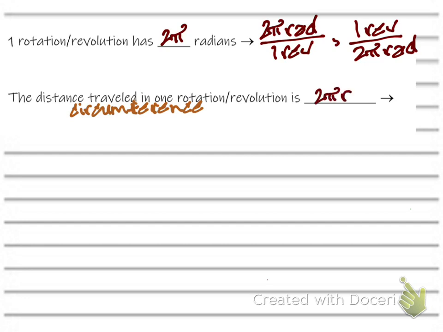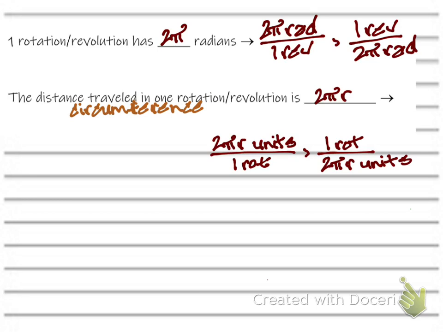So that means our ratio would be 2 pi r, whatever the units were, in one rotation, or one rotation has 2 pi r units. Sometimes our problem doesn't give us the units and we've got to introduce them, and this is how we do it. Both of those sets of ratios are things that you might have to introduce yourself, because they're not already there in the problem.